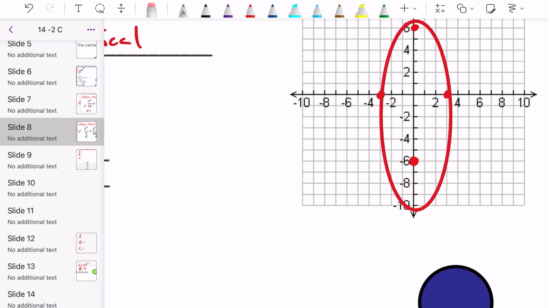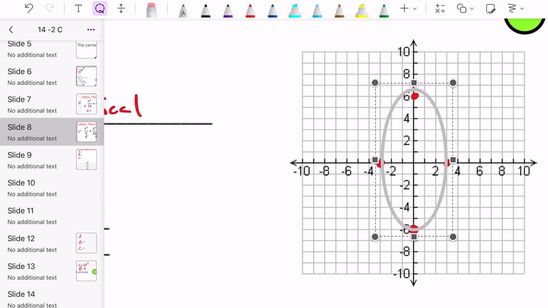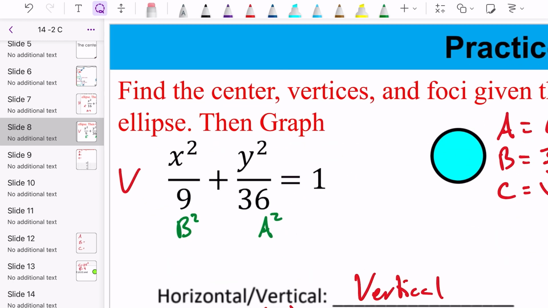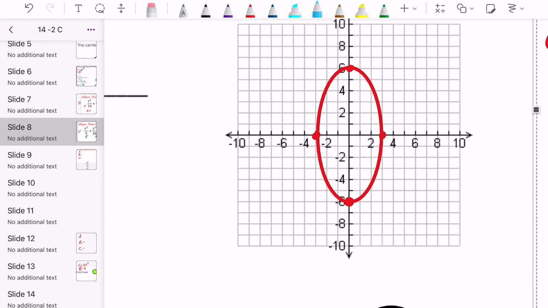So we go ahead, set up our graph just to be able to match up with what we're working with. And we are all set. Keep in mind, our center would be at (0, 0).